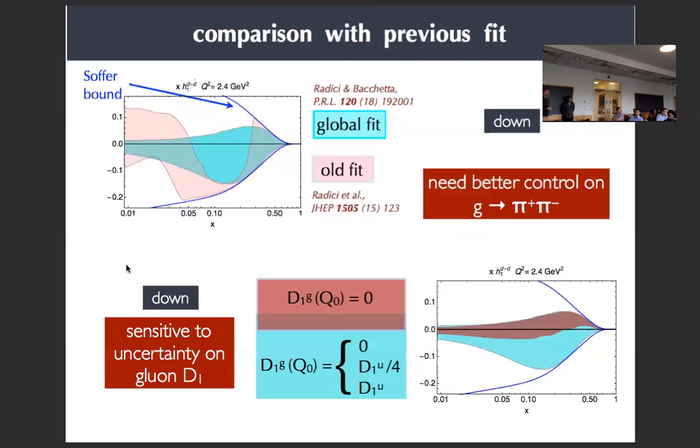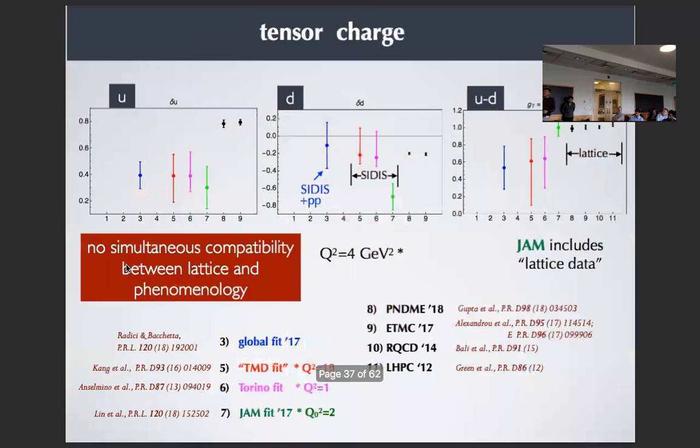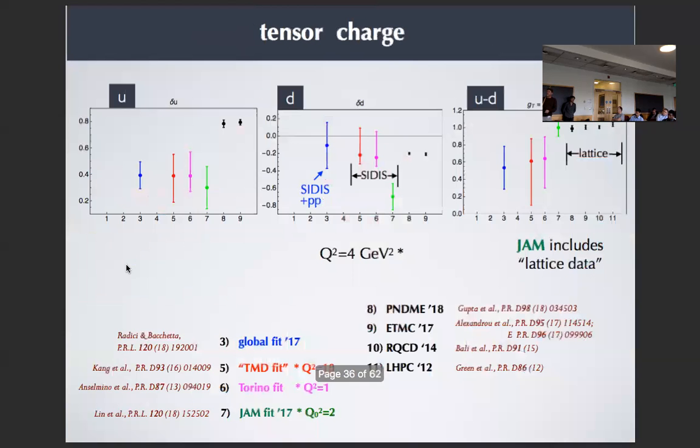I'm concerned about the increase in the chi-square per degree of freedom with the STAR data. Is it an indication of tensions that we have, or some model dependence that maybe is underestimated?